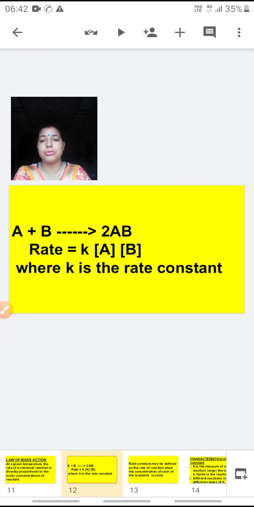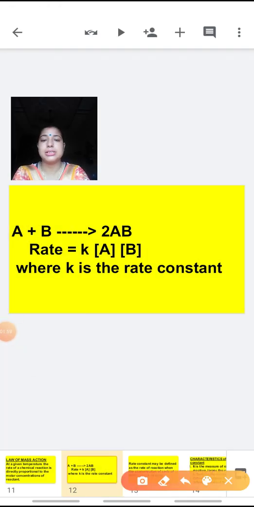So, how will we write? Rate is directly proportional to concentration of A into concentration of B. Remember that whenever we talk about concentration, we write A and B inside a square bracket.